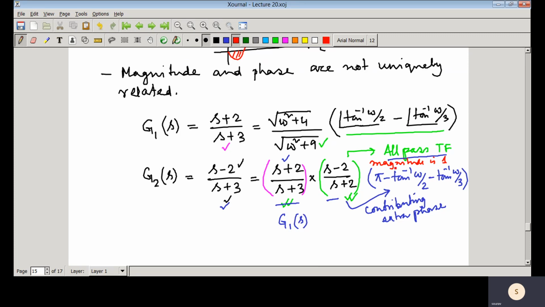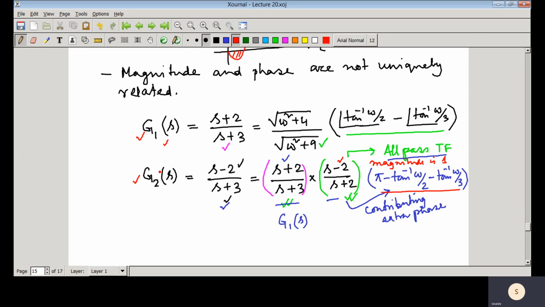So it is not changing any magnitude, but it is contributing this phase. This extra phase is coming because of the right half zero. Comparing G1(s) and G2(s), they have the same magnitude, because the all-pass factor is not changing the magnitude, but the phase is more.